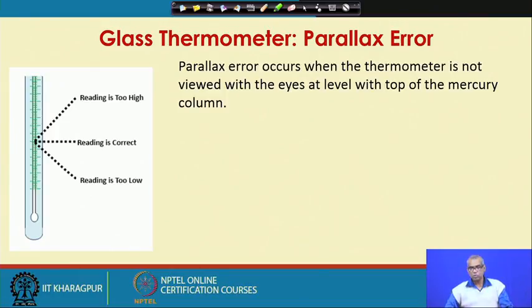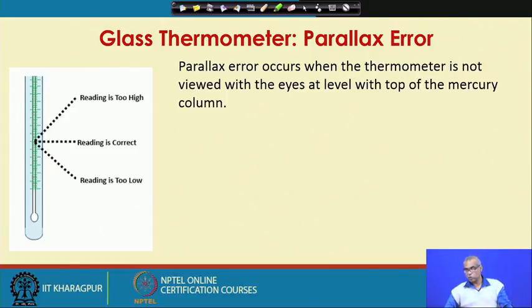Now, let us talk about parallax error. Parallax error occurs when the thermometer is not viewed with the eyes at the level with top of the mercury column. So, parallax error occurs when the thermometer is not read correctly.